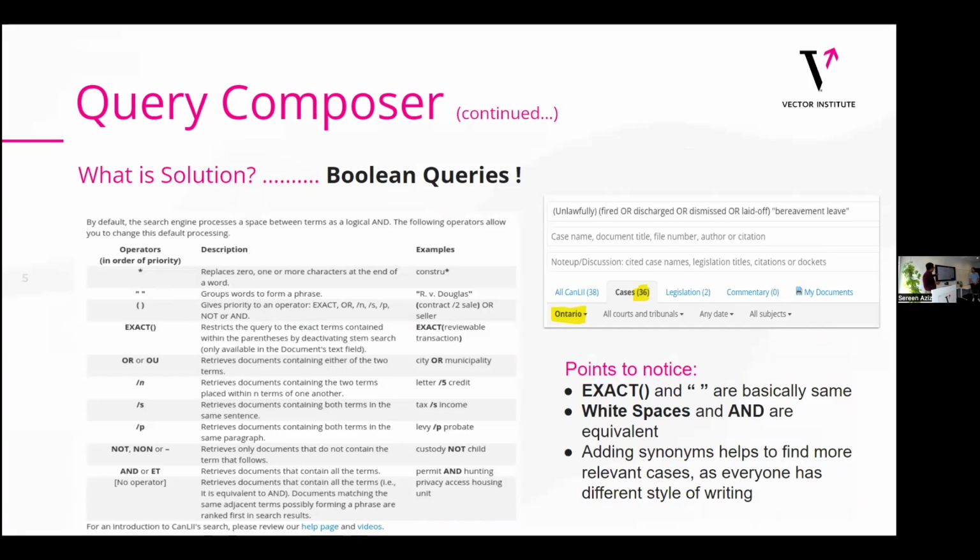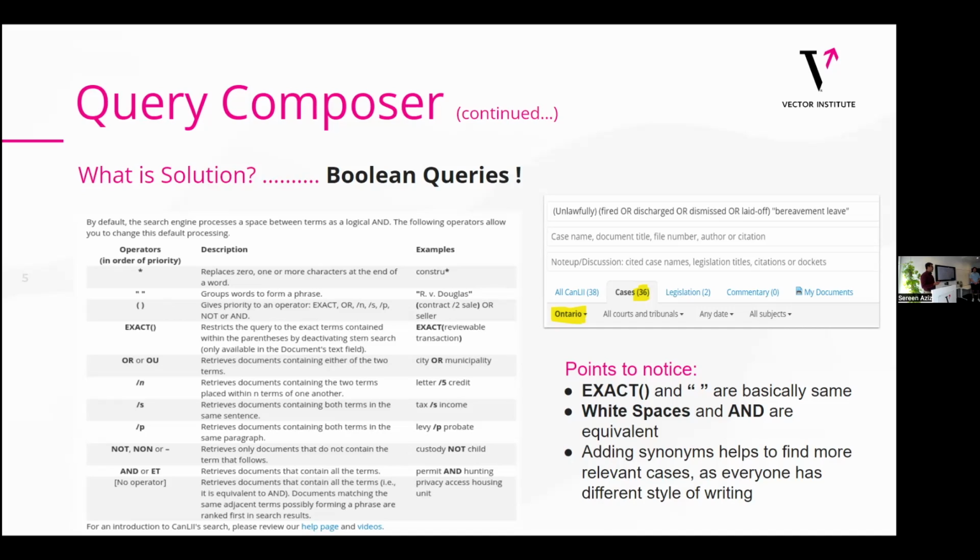The database provides us with some operators, and we can come up with a Boolean query, which can be seen on the right side. Through these Boolean queries, we can really find those false negatives, which were hidden from the natural language query. From a programmer's perspective, it is easier for me to go over these operators and build a Boolean query.